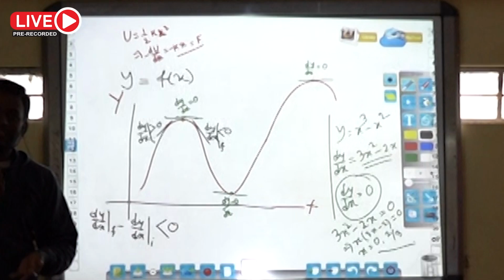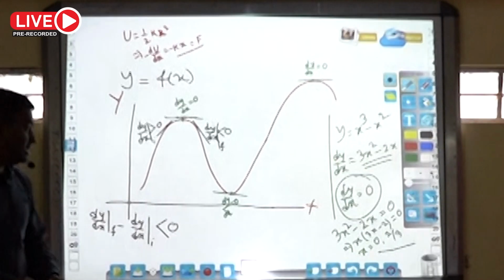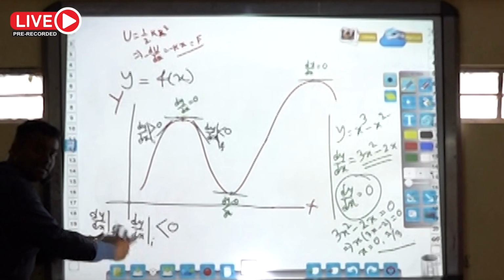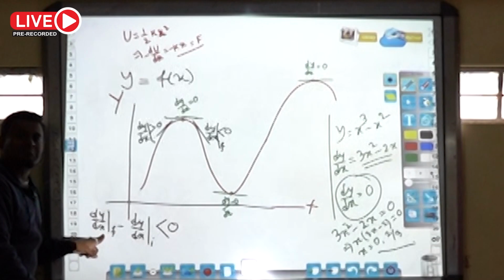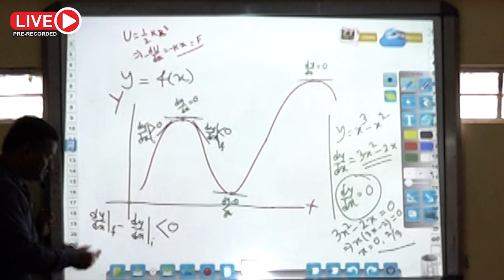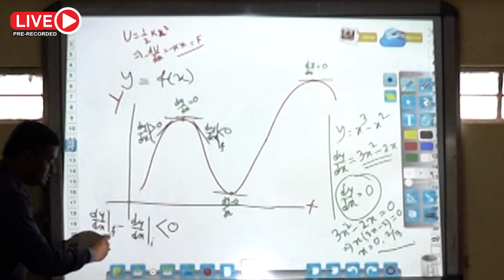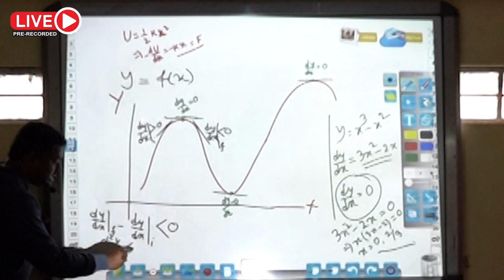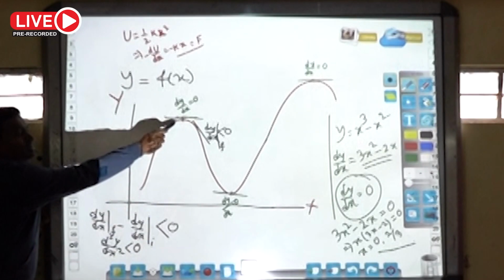Change means first derivative dy dx. You are calculating the change in the first derivative. Change in the first derivative means second derivative. So that's why we are saying that d2y dx2 is less than 0 near a maxima.